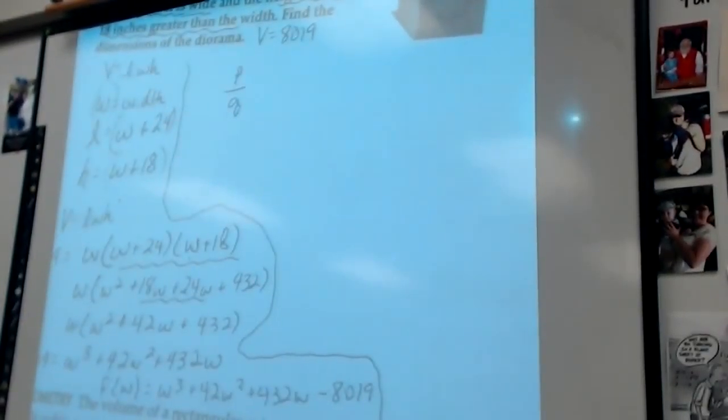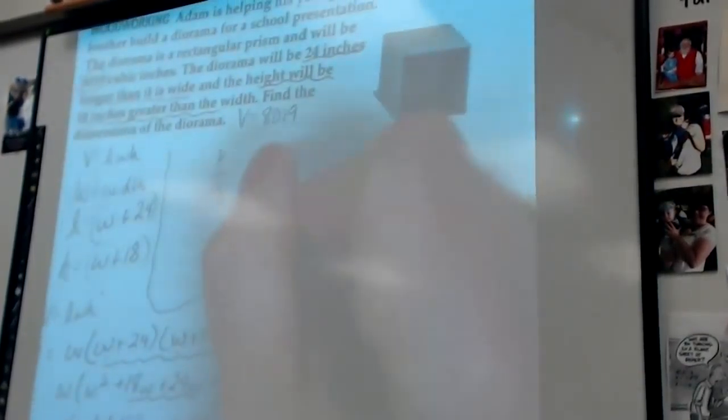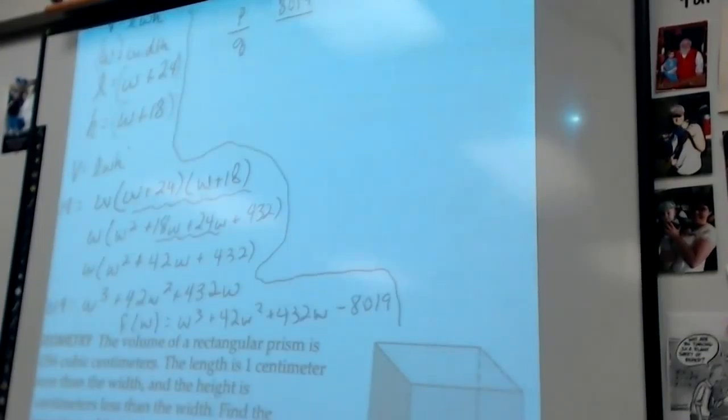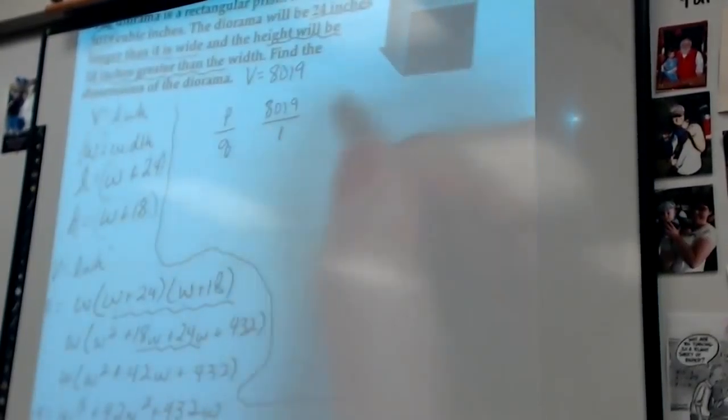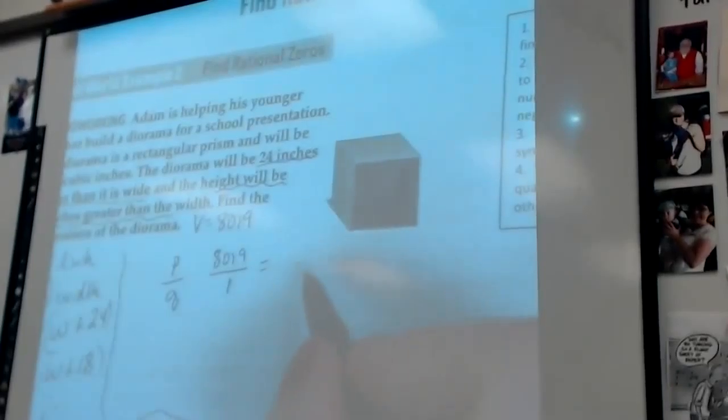Now, do I need to worry about the negative? No, because when I do P over Q, I consider positives and negatives anyway. So 8,019 over, what's our Q? 1. So basically, my possibilities are just going to be the factors of 8,019, right? Because they're all going to be over 1.